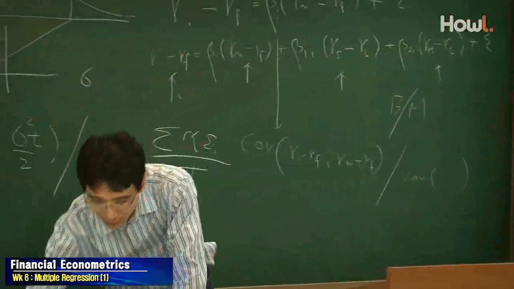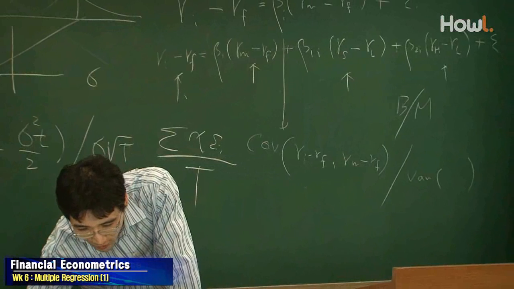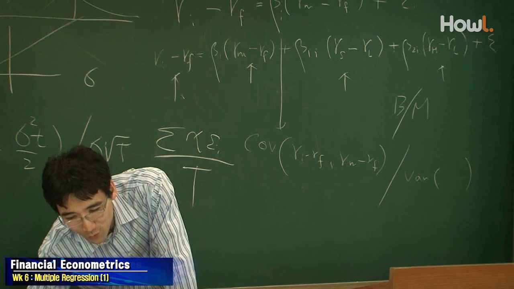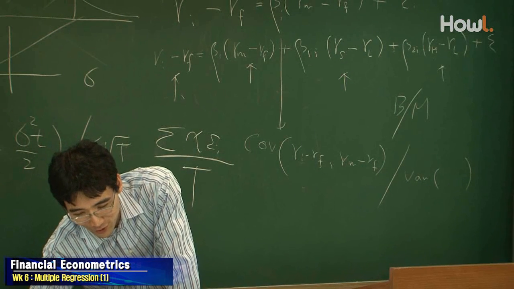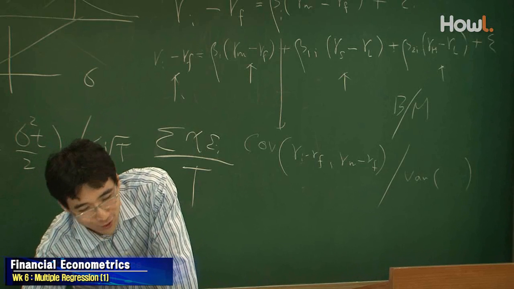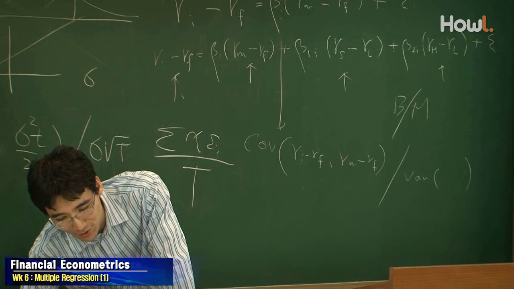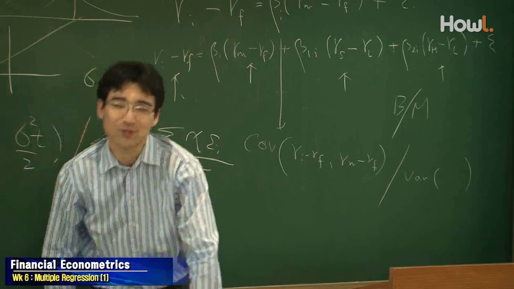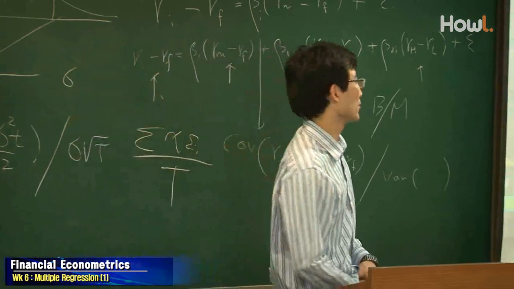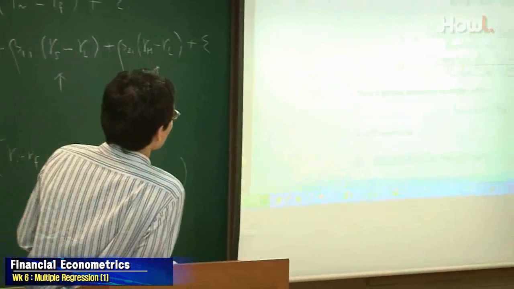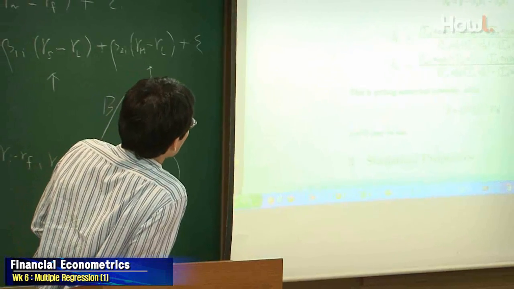When n equals 2, then we have a more horrible equation. But again, there is a beauty of matrix algebra. If we do the matrix algebra, simply it looks like this. Very helpful. So it is still easy to use.